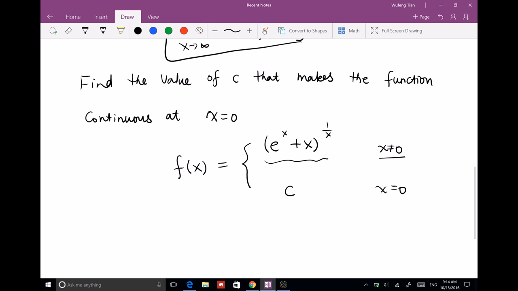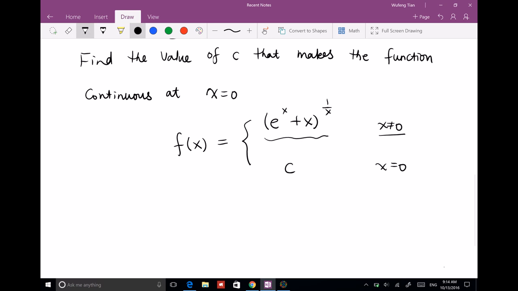However, now we want this function to be continuous. So can anyone tell me the meaning of a continuous function? There wouldn't be any breaks or sharp turns in the graph. That's perfect. There would not be any breaks, sharp turns, gaps, or open points on the whole function.